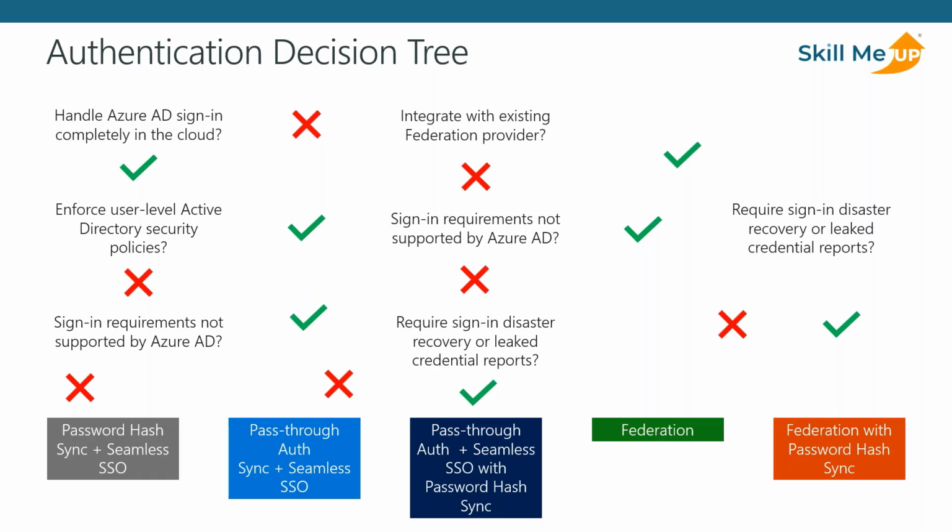The next option is federation, where we're talking about ADFS, so we're utilizing an on-premises ADFS implementation. And then, of course, federation with password hash sync is when we enable the password reset capabilities in the cloud. So we can change the password in both ways. From a password hash synchronization perspective, it's either one way from on-prem to the cloud, or we can do two-way and allow that password to be synchronized between the two.